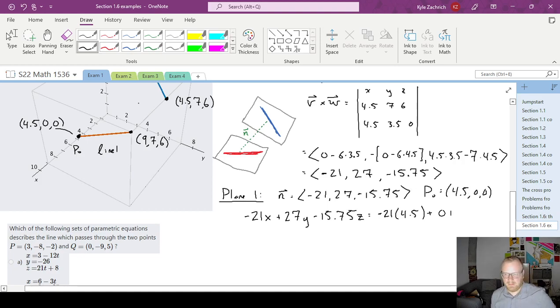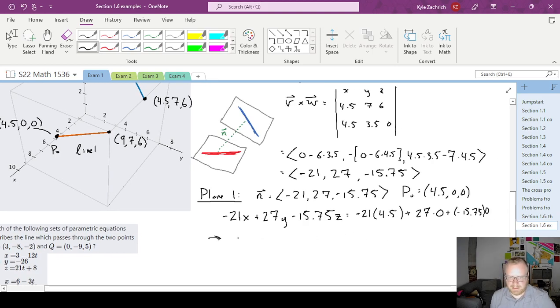Well, I'll be a little more exact with this one. So that's going to be 27 times 0 plus negative 15.75 times 0.